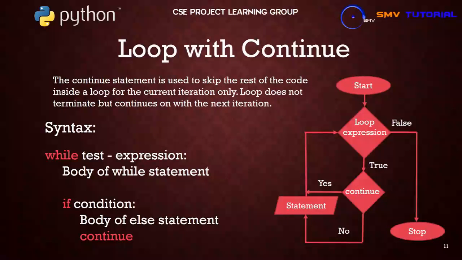The coding starts and the flow goes to the loop expression, which is true. It checks for the continue and goes to the continue statement. If no, it goes to the next statement. If yes, it skips the statement and goes to the expression. Finally the loop expression is false. This is the end of the execution. This is how the continue statement works.